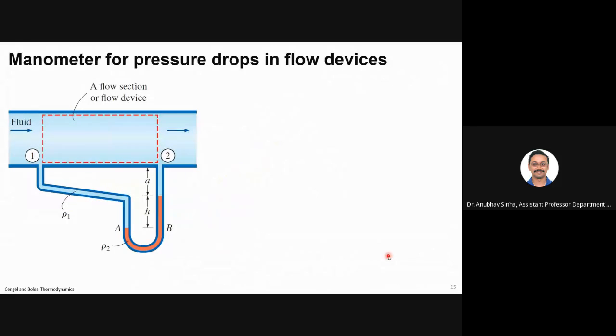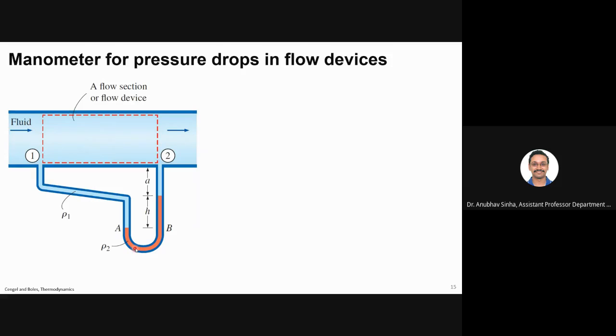We can also use this manometer for measuring pressure drop in fluid flow. Let us say we have a pipe where some fluid is flowing. Now we make an arrangement like this. Again we see that this column is depressed from here.